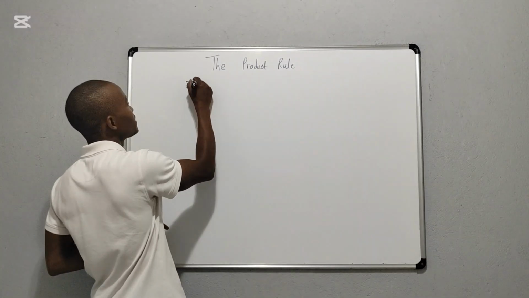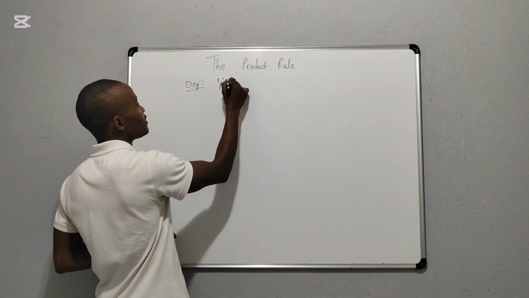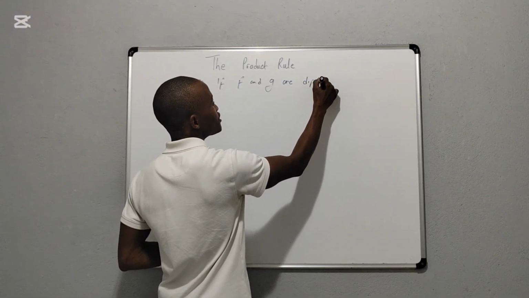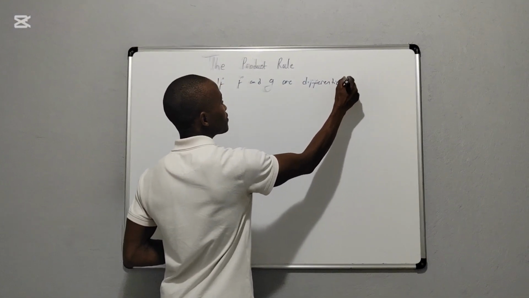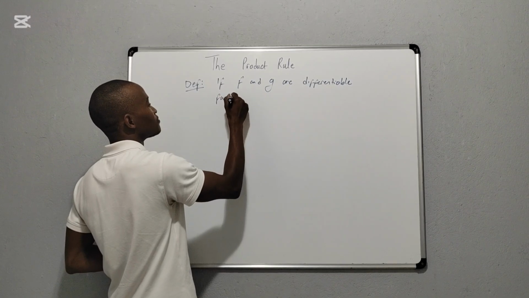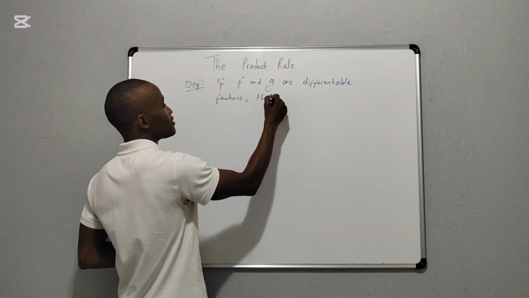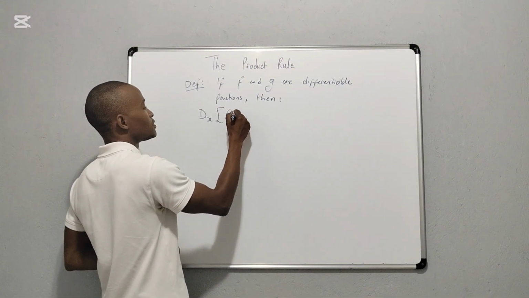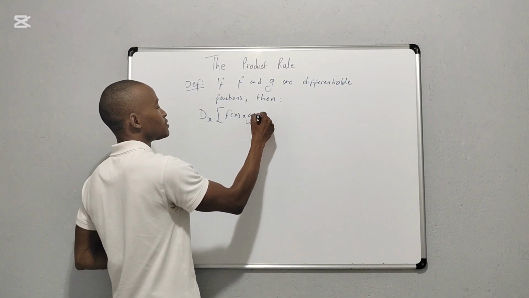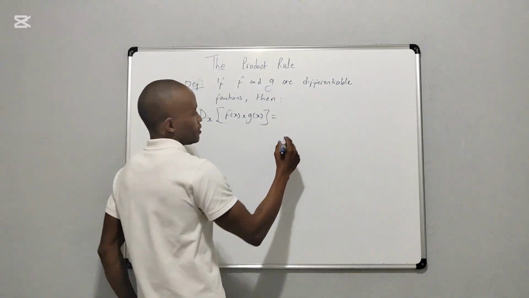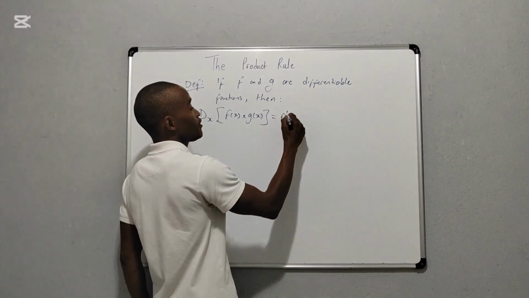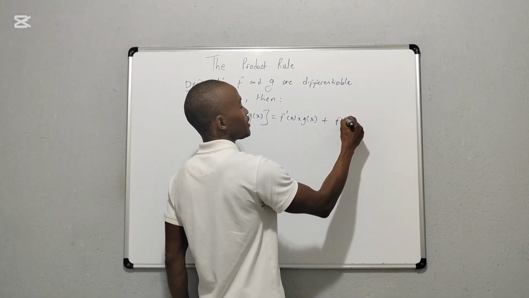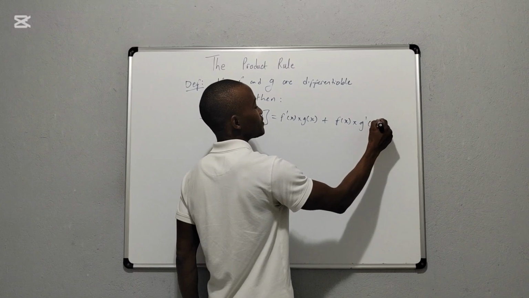Right, so by definition, if f and g are differentiable functions, then to get the derivative of the product of f and g, you go f prime of x times g of x plus f of x times g prime of x.